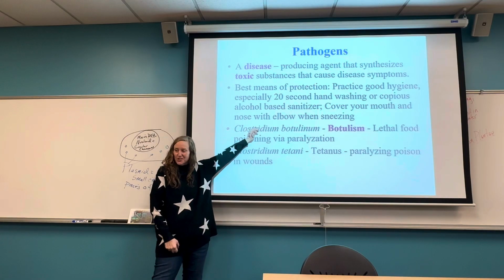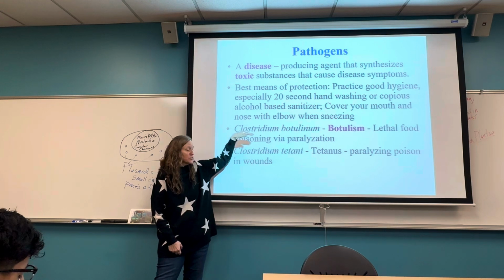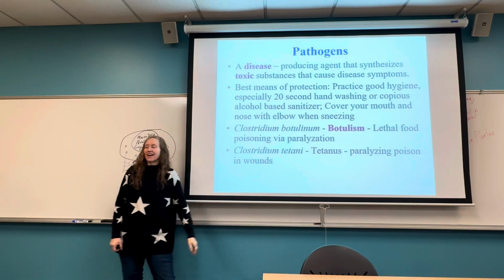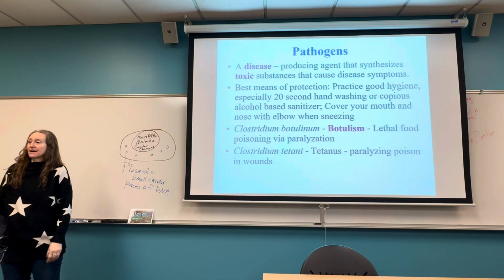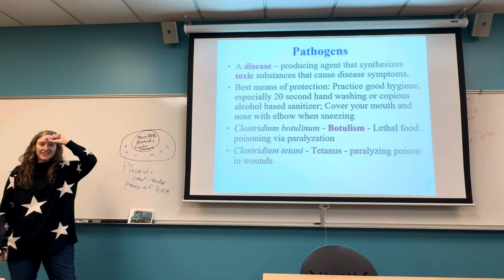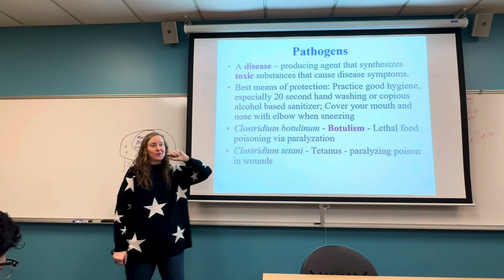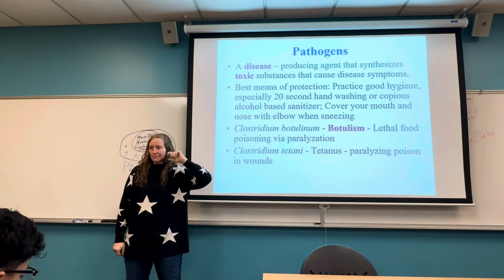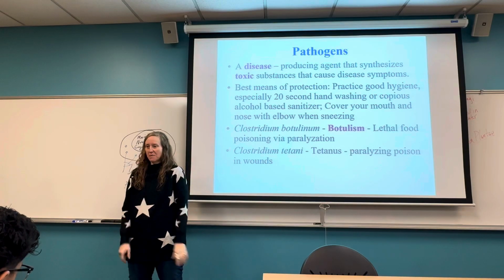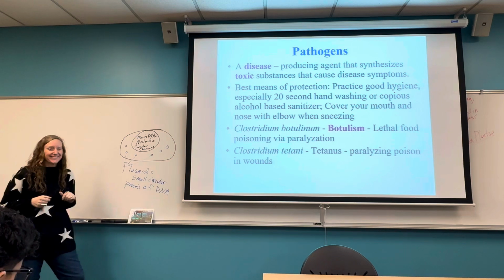So here's some interesting research. Somebody went, oh, okay, so this bacteria causes paralyzation of cells. What if I take the toxin that Clostridium botulinum produces and modify it a little bit, and then we inject it into the muscles in our faces and paralyze them, so that when we smile, the muscles are paralyzed, and you don't get the lines from smiling, because your face is paralyzed, and then you don't get wrinkles.